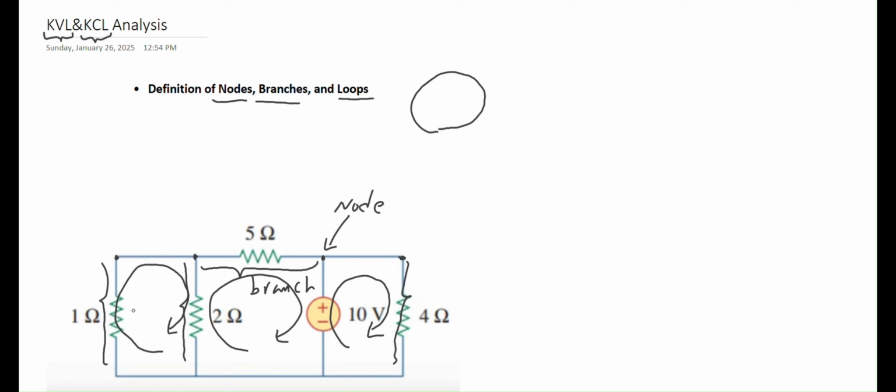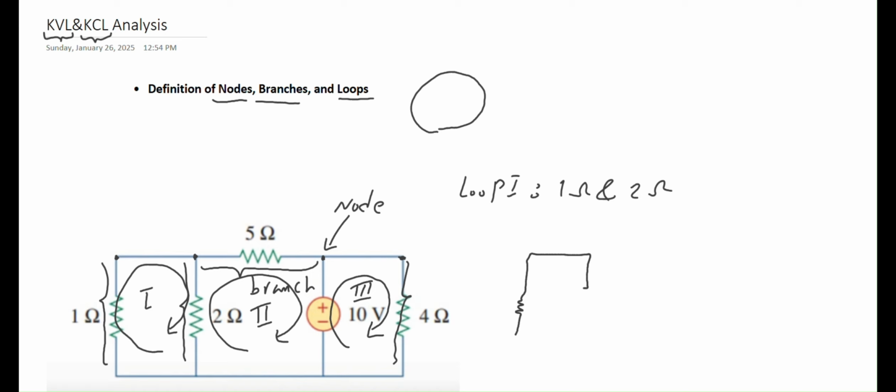For example, let's consider this loop. Let's call it loop 1. This one is loop 2. And this far right one is loop 3. In loop 1, I have 1 ohm resistor and 2 ohm resistor. So actually, if I want to just draw it again, this is my loop 1, right?